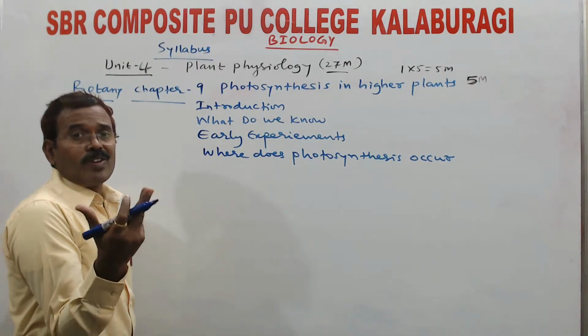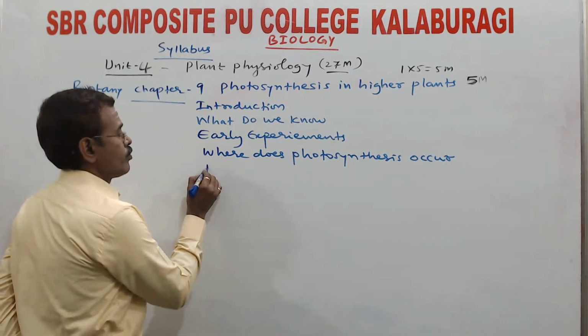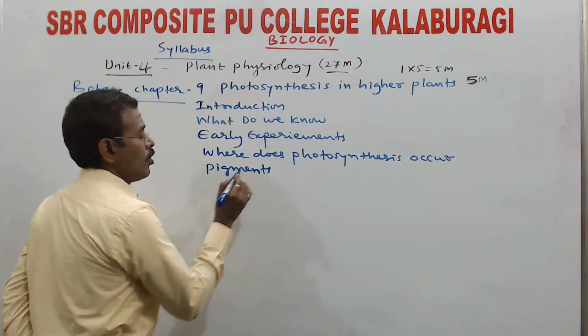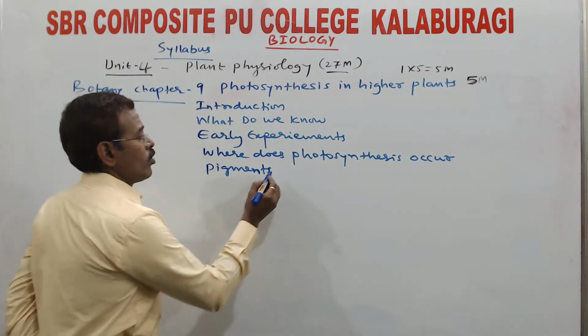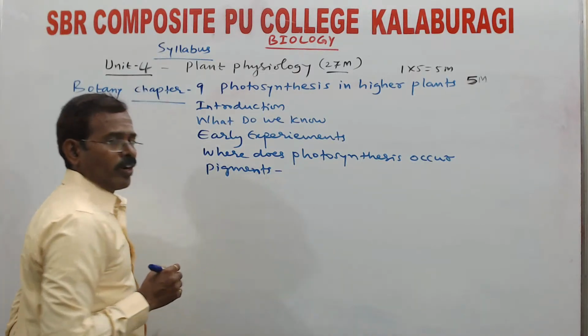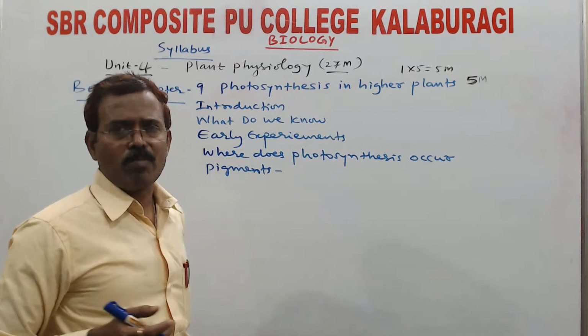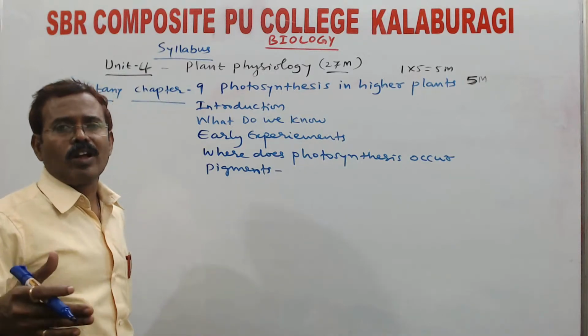Then what are the different types of pigments involved in photosynthesis? How many pigments are involved in photosynthesis? So these various pigments we are going to learn. It can be chlorophylls, it can be carotene, it can be xanthophyll, whatever it is.